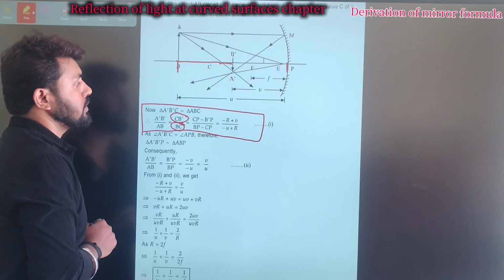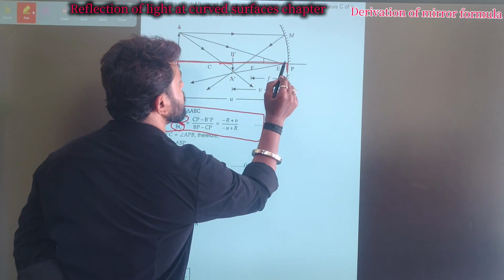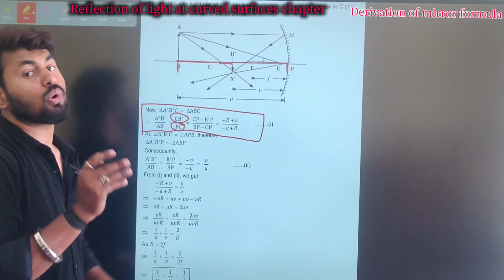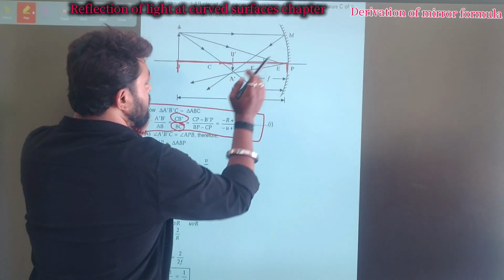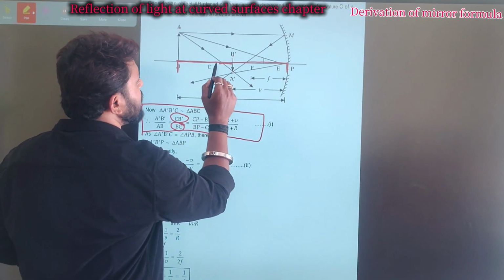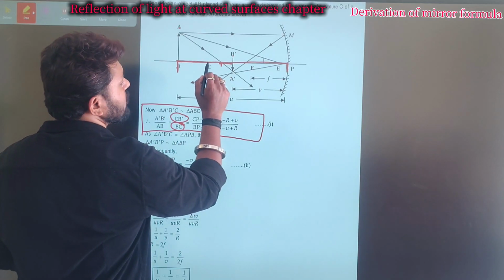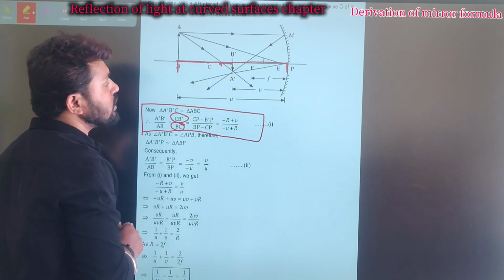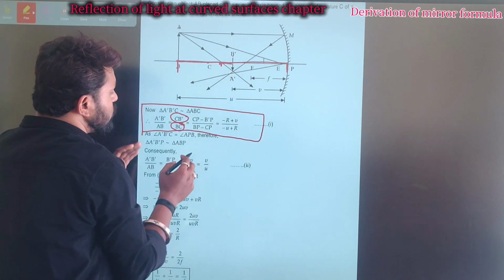If you are taking this as BP, what do I want? If I subtract from this BP, CP, that is point C is over here, center of curvature. If this distance is getting subtracted, don't you think I will get BC?